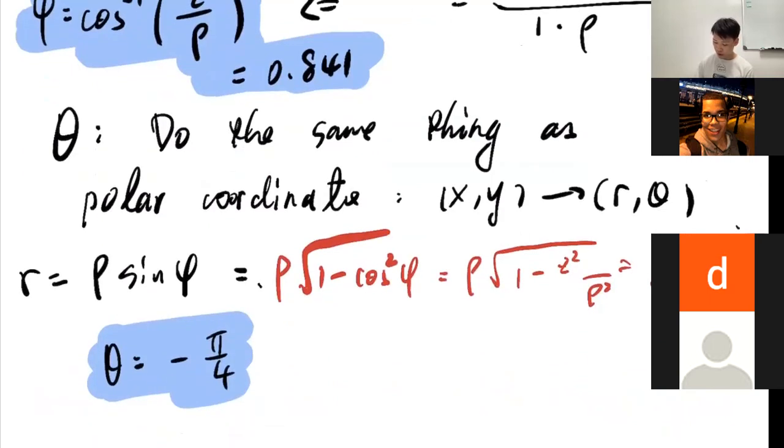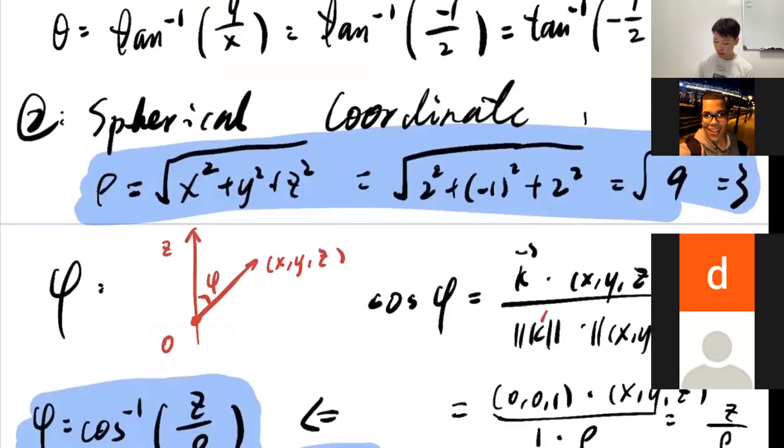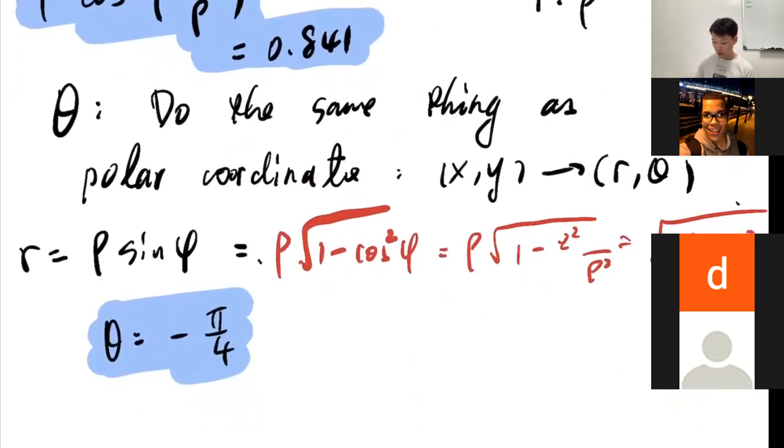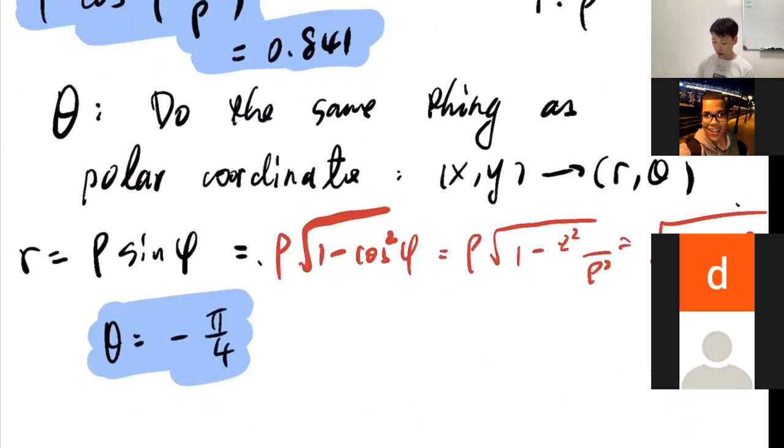Well, first of all, this is rho. Yeah, sorry about that. I've got to get the Greek out there, right? Because we're using Greek letters to represent the spherical coordinates.